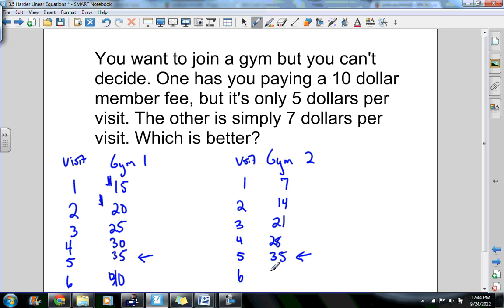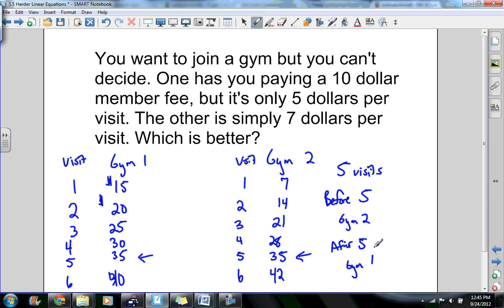And then after those 5 visits, one's cheaper. Now if we notice, 5 visits is the equal. So before 5, gym 2 is better. And then after 5, gym 1 is better.